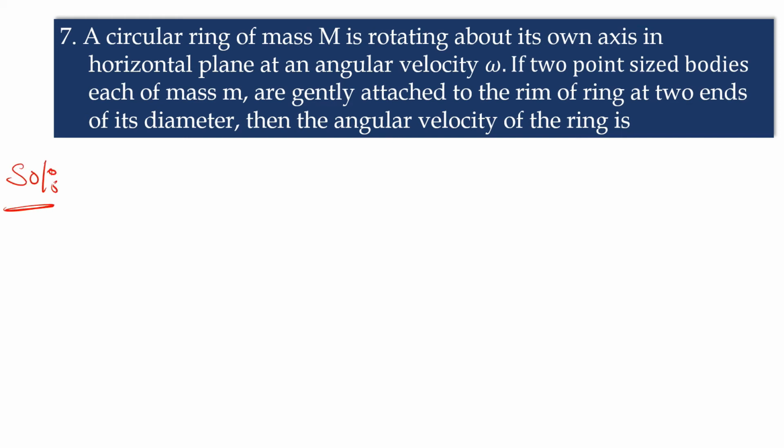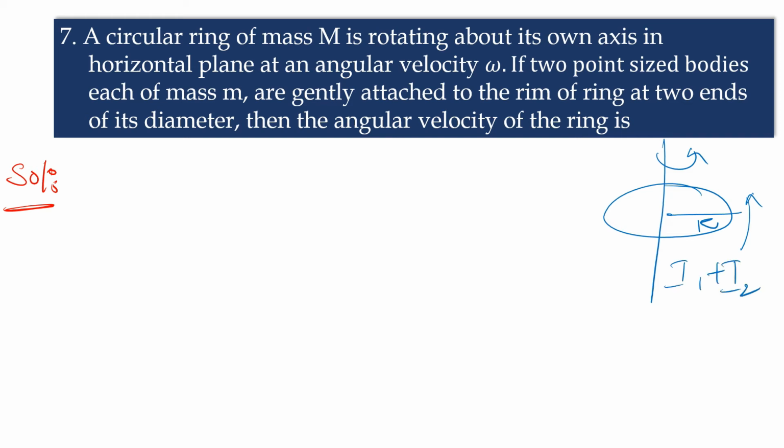Given, see this is a ring, here this is the radius of this. Here I1 plus I2, and the moment of inertia I is equal to m r square, and omega 1 is equal to omega.